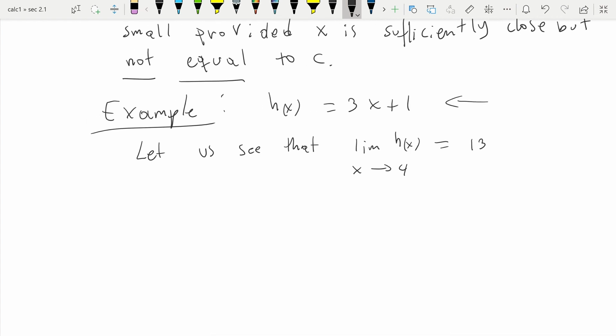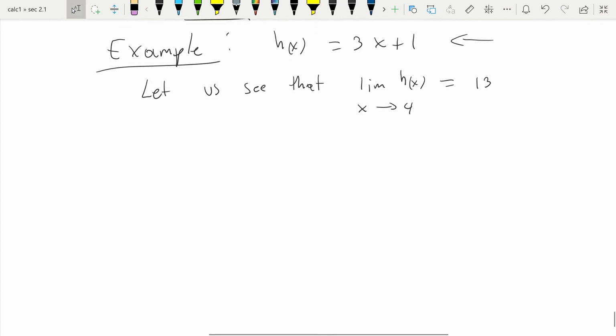The 1, of course, is not changing, so it remains the same no matter what the value of x is, and the same is true for 3. But x is getting closer and closer to 4, and so 3 times 4 is 12, plus 1 will be 13. So we have a candidate for a limit. We suspect that this is the case, so let's try to see if this is true.